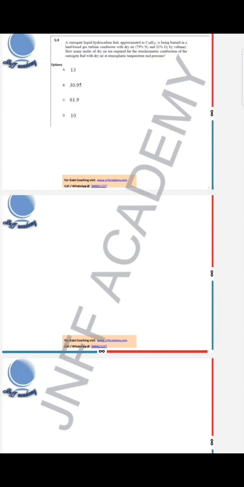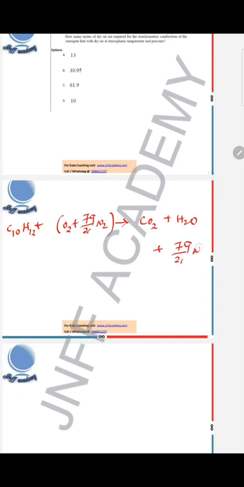We need to burn this fuel, that is C10H12 has to be burned with a dry air, that is O2 plus 79 by 21 N2, which releases CO2 plus H2O plus 79 by 21 nitrogen.